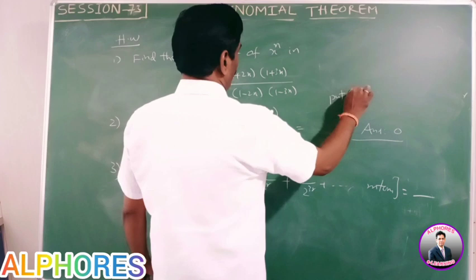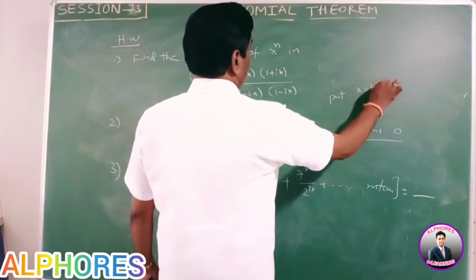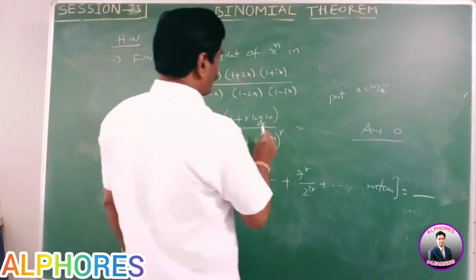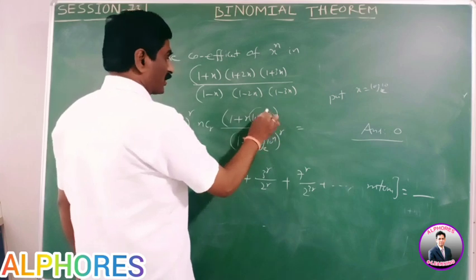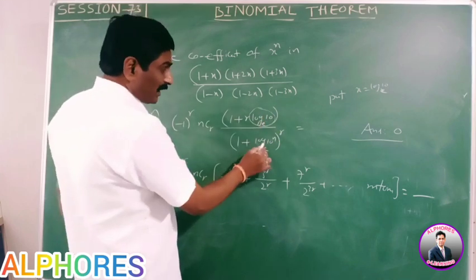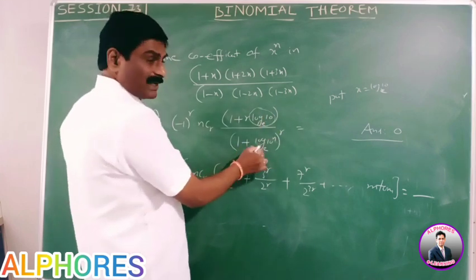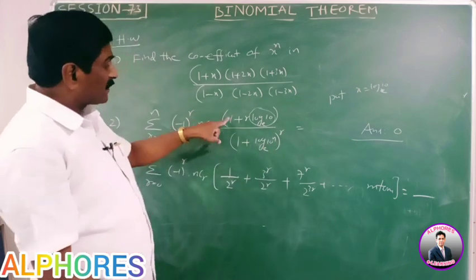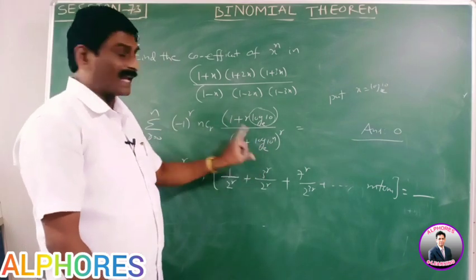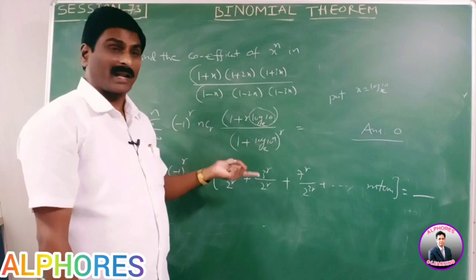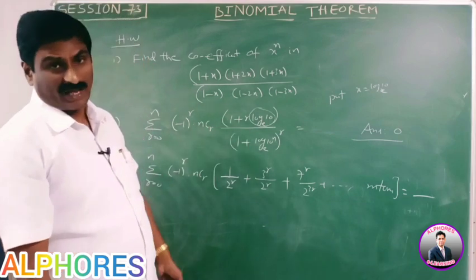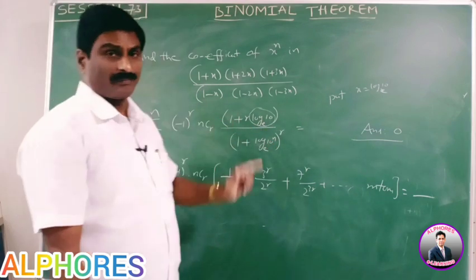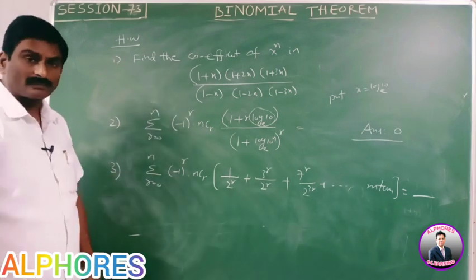Put x equal to log₁₀e. This value can be reduced to r log x. The log of 10 power n means n log₁₀e, that means nx. Split this value. nCr into x power r means (1 + x)^n. By using that property, simplify this value. Answer is 0.